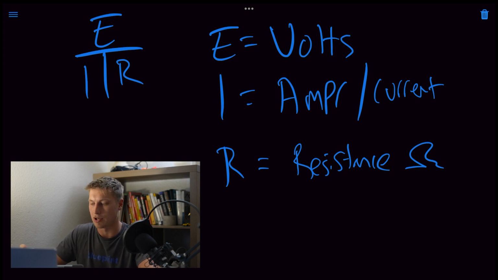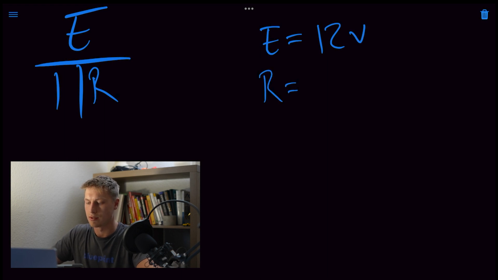So if you get a math problem, they give you what E equals, so they give you 12 volts, and they give you R equals, let's say, just for random, 4 ohms. What does I equal?